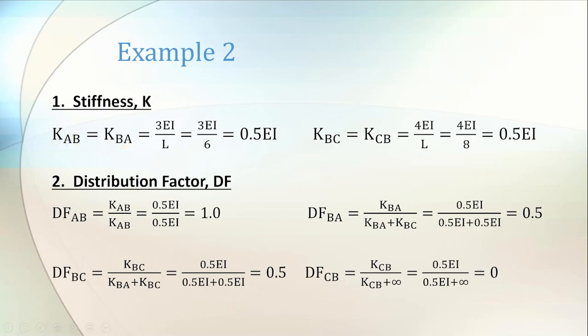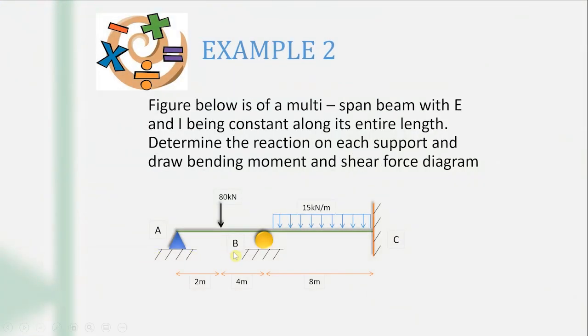Therefore, since we have this kind of beam, which is AB, BC, we need to do KAB and KBA because we need to transfer or distribute the moment to the support of the beam. That's why kita ada KAB and KBA, KBC and KCB.